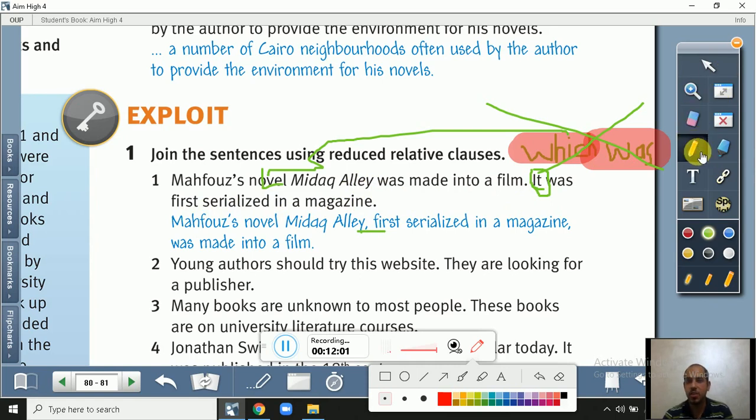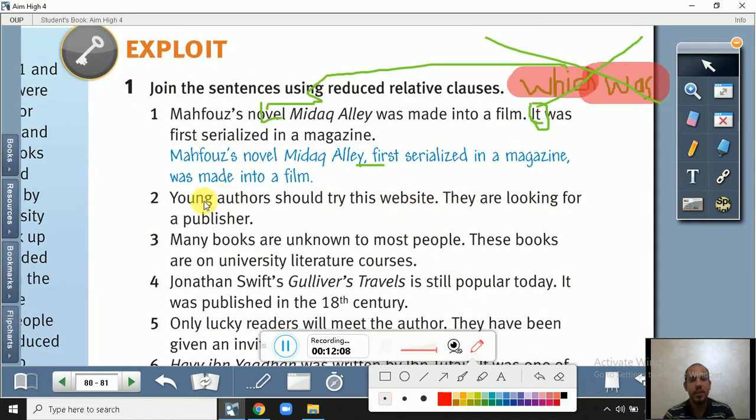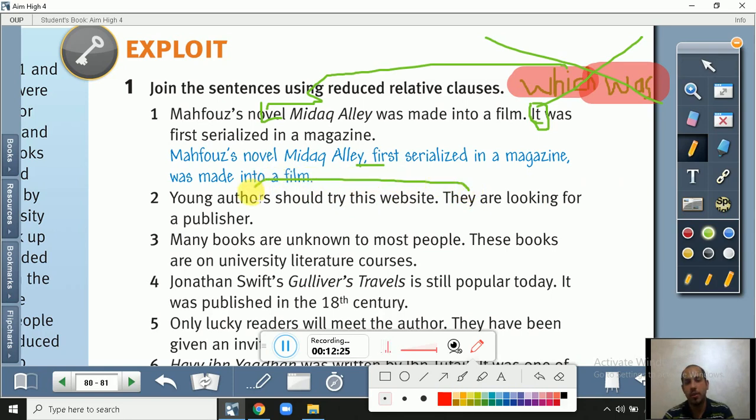Okay, let's do the second one. Then you will have the time to do it on your own. Young authors should try this website, and they are looking for a publisher. Now, this pronoun refers to whom? To young authors. So the young authors, they are looking for a publisher, should try this website.